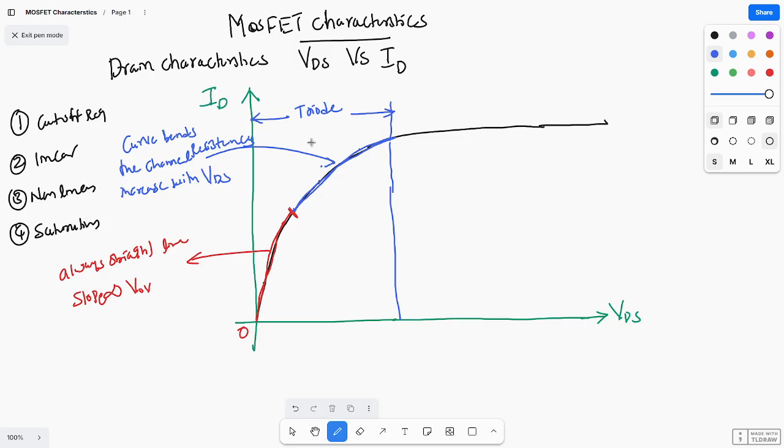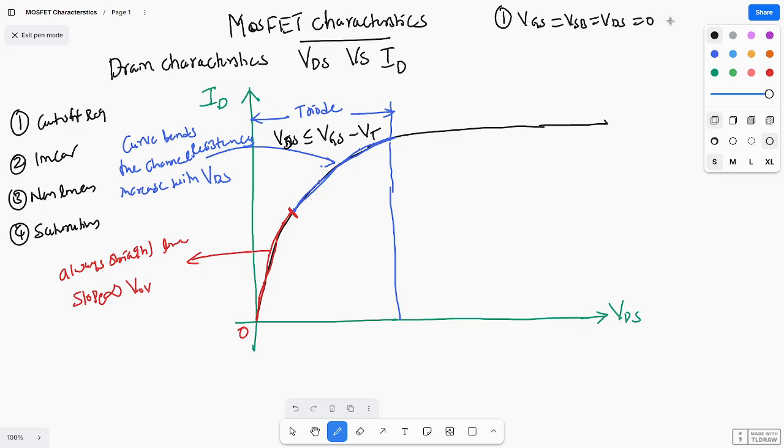What is the condition? We have seen the conditions already: VDS should be less than or equal to VGS minus VT. The cutoff region is VGS equal to VSB equal to VDS equal to 0.